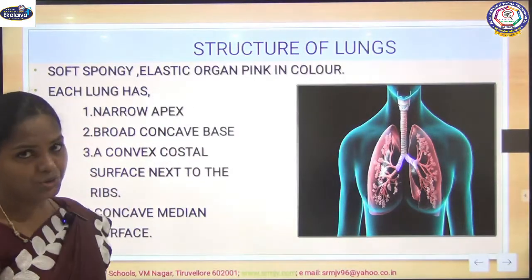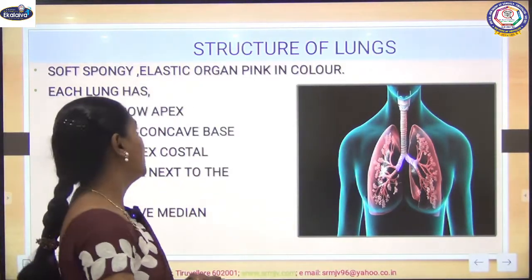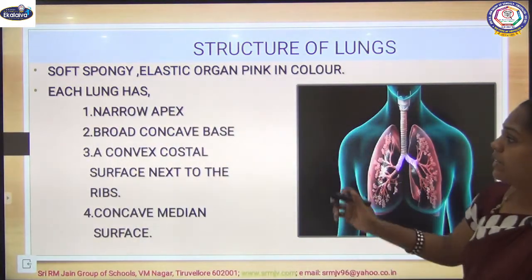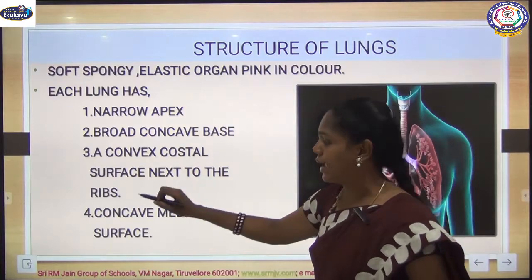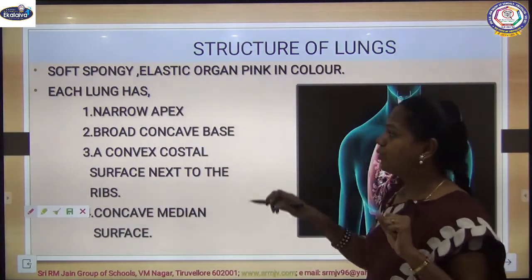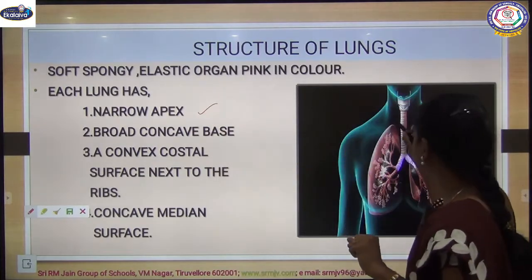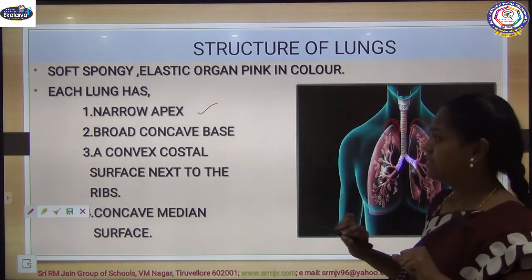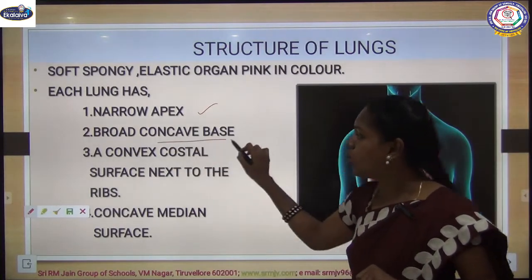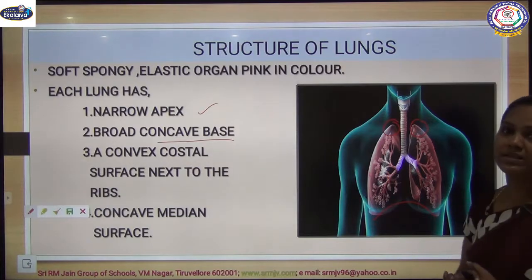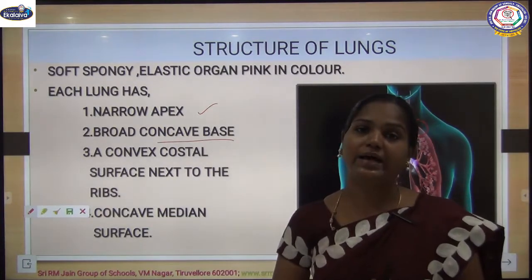Now the structure of our lungs. The lungs consist of a narrow apex, apex in the sense of tip. This is that narrow apex of our lungs. Then it has a broad concave base, which is closed by our diaphragm.